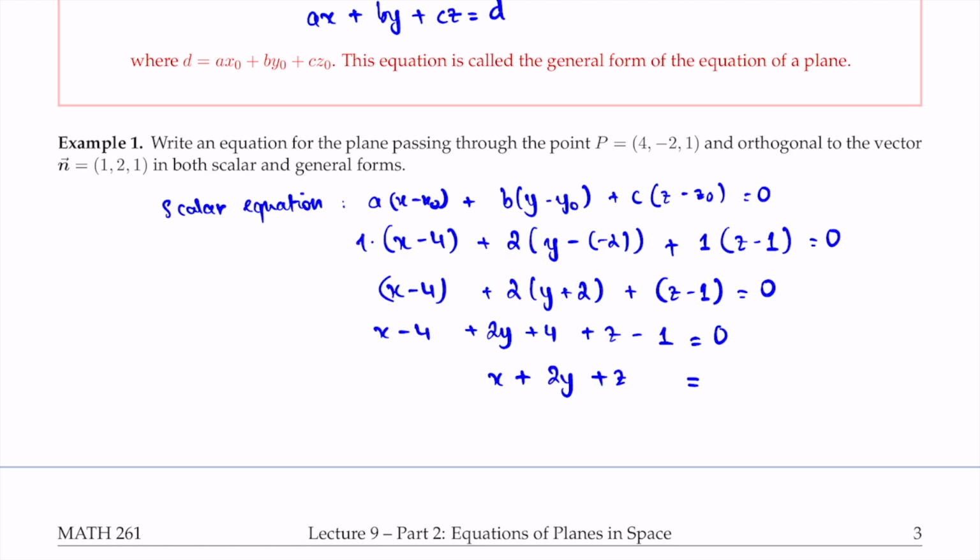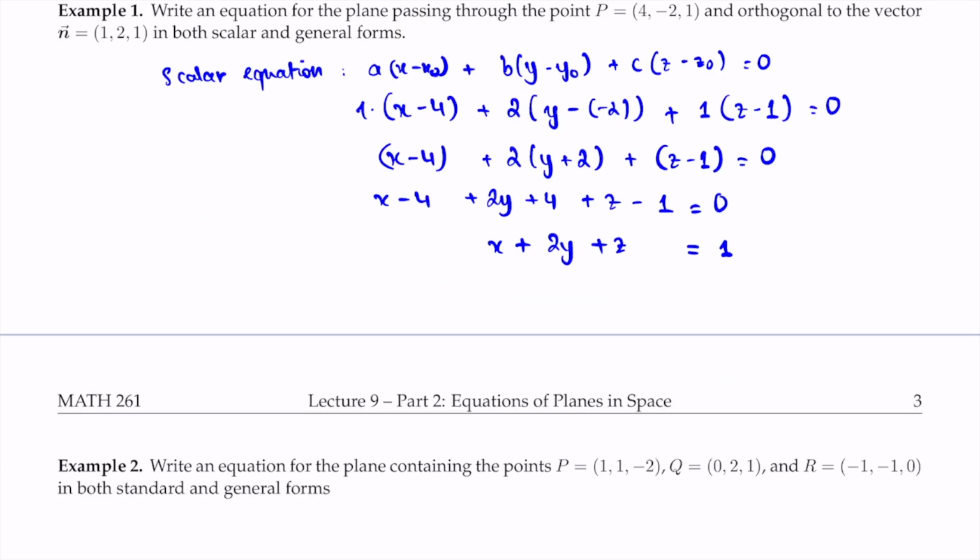You're left with -1 by itself. You're going to move that to the right hand side and you get this equation. So x + 2y + z = 1 is the general form of the equation of a plane, or a linear equation of the plane. Okay, so hopefully that should be easy for us to follow.